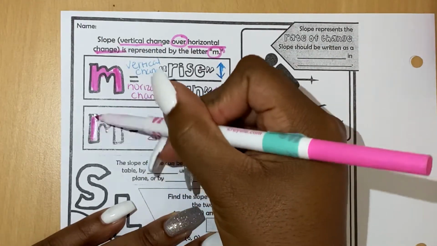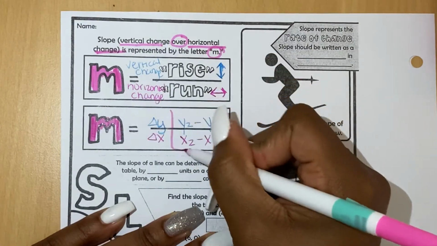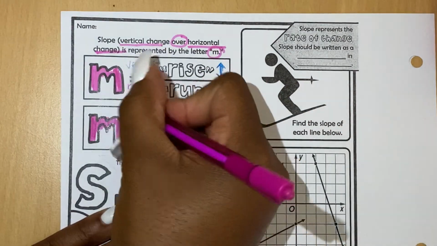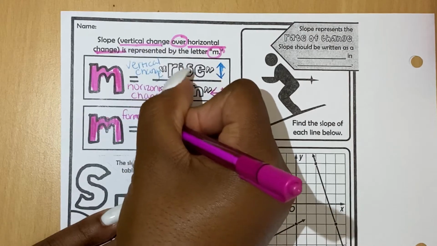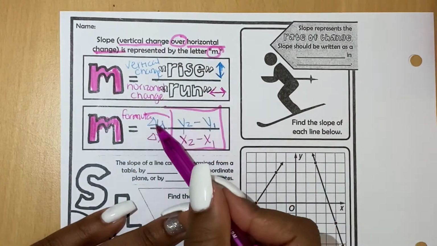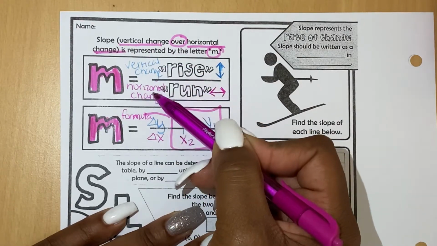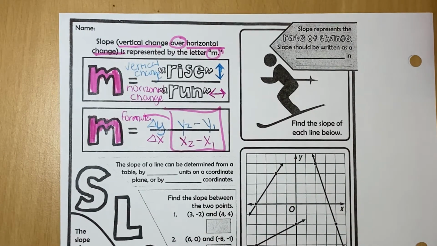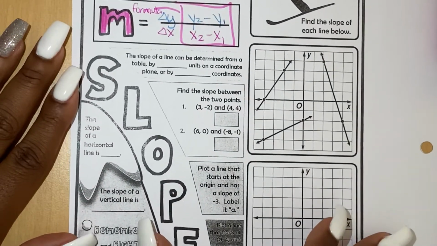The craziest thing about all of this is that formula right there, the change in Y over change in X, rise over run, vertical change over horizontal change, they all mean the same thing, okay? They all mean slope, okay? Let's see why that is.